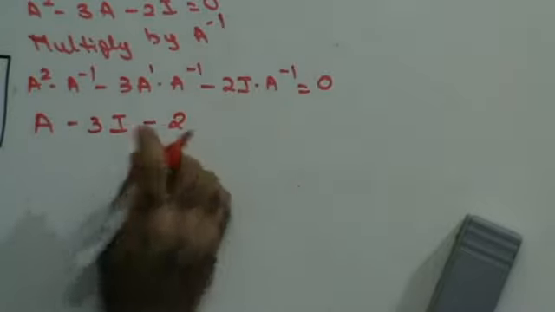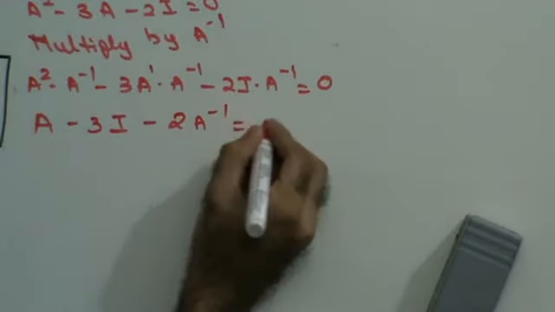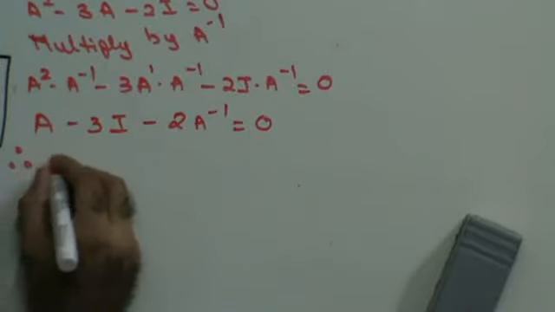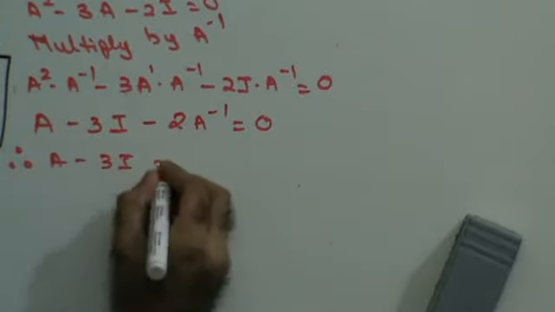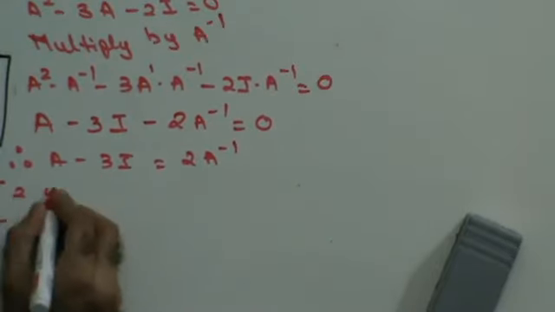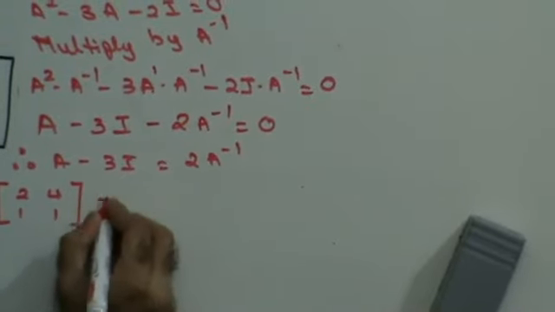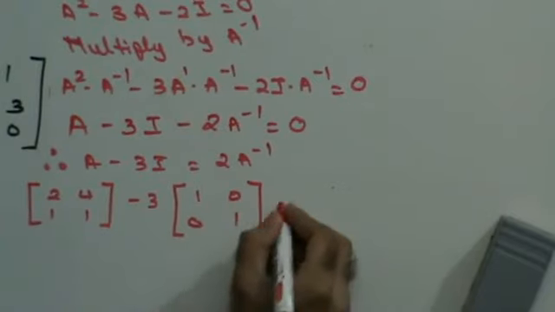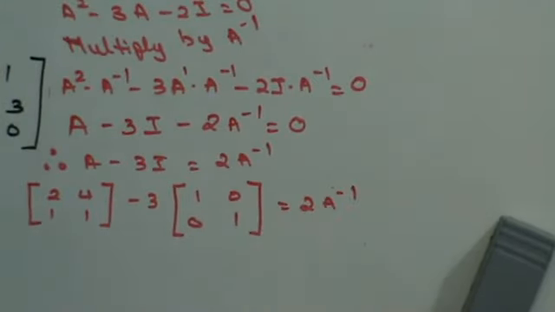Minus 2, 1 into A inverse is 0. So therefore I can say that A minus 3I is equal to 2A inverse. The value of A is [2, 4; 1, 1] minus 3I [1, 0; 0, 1] is equal to 2A inverse.